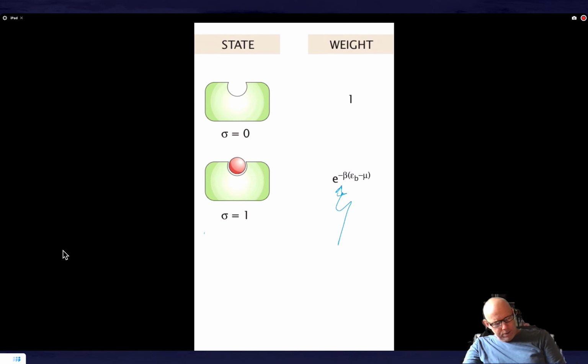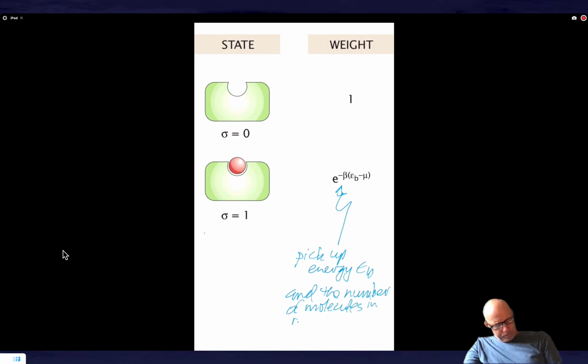So the way to think of this is that I pick up energy epsilon b, and the number of molecules in the reservoir goes down by 1.